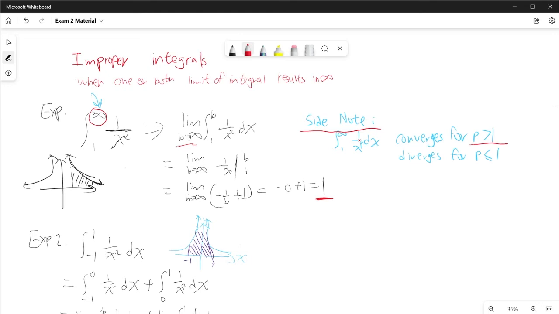Fractions and decimals get a little wonky, but you probably won't encounter them. So if p is more than 1, then it's convergent. This improper integral converges. Else, it'll be divergent, where the value that comes out might be infinity.